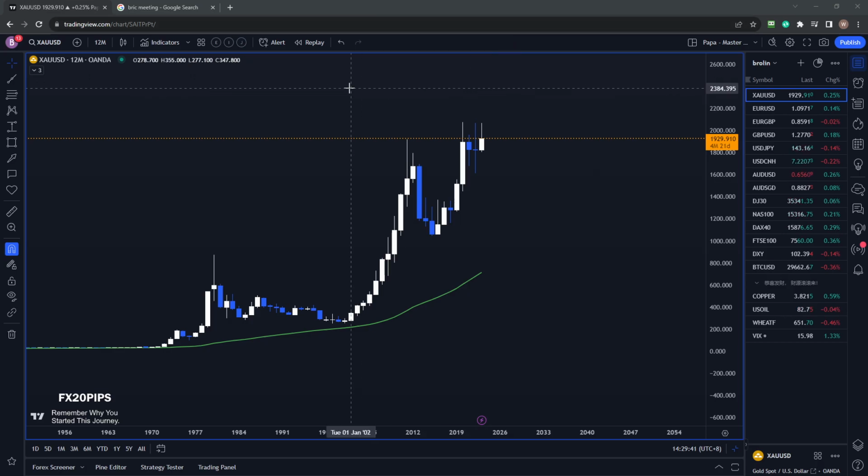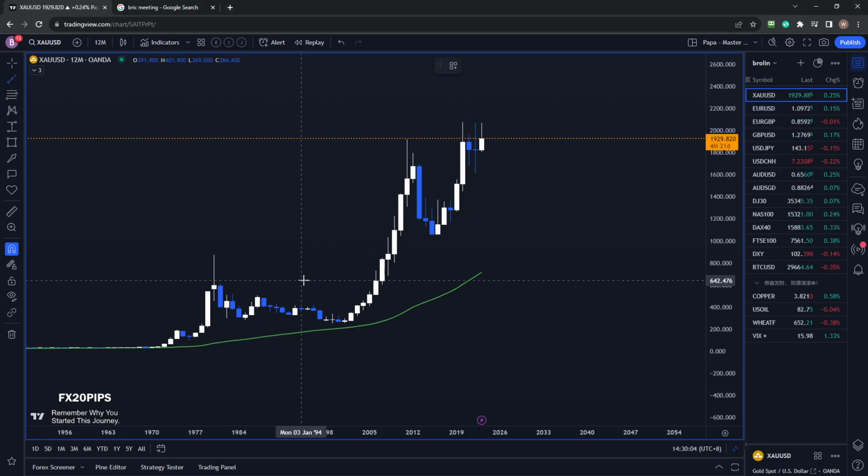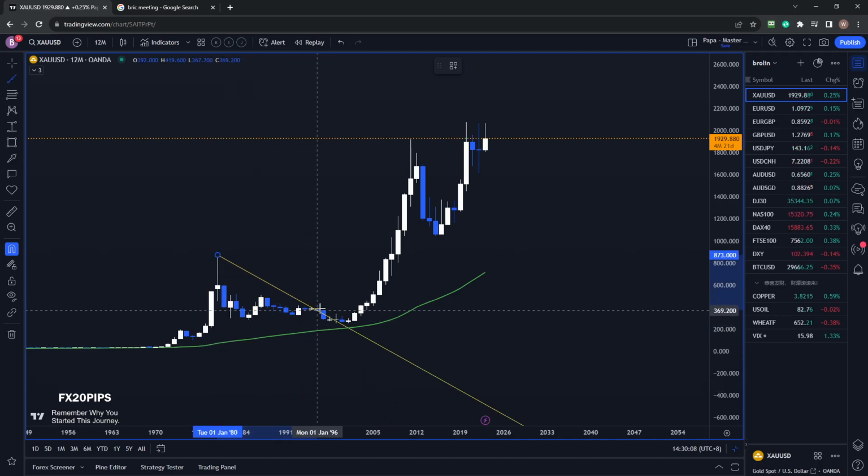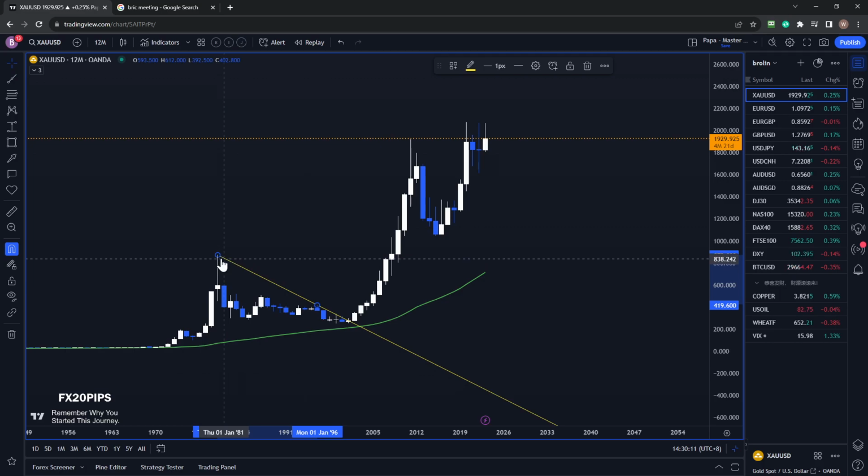All right, so we are at the higher time frame of a year, 12 months. What can we see here? Very obvious, isn't it? It's a bullish trend. Looking at some of the basic charting, many years ago we have this trend line or triangle.